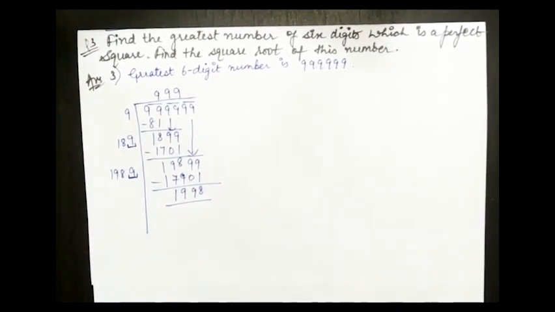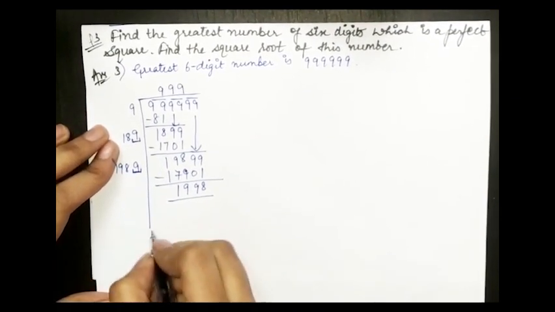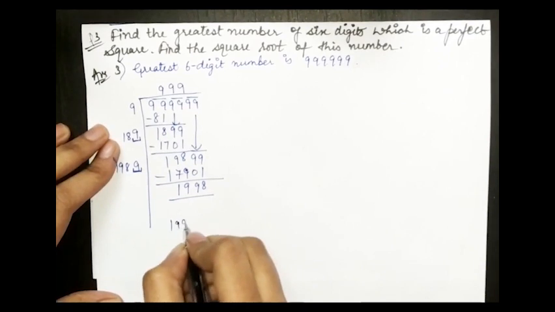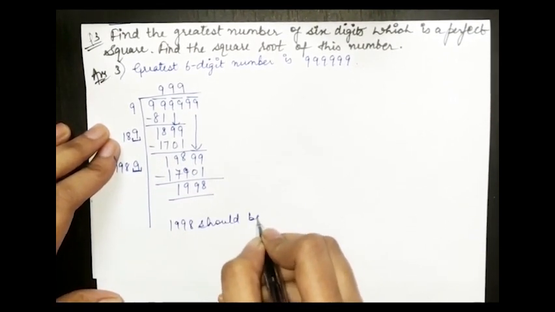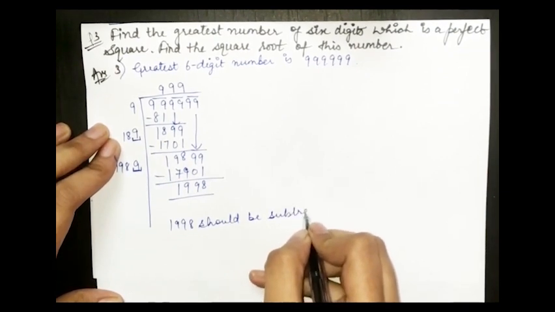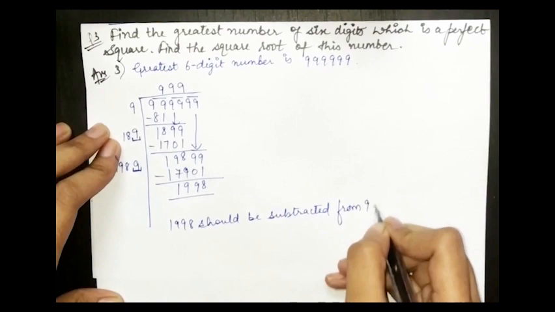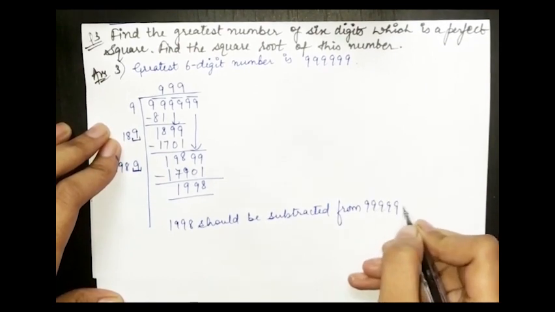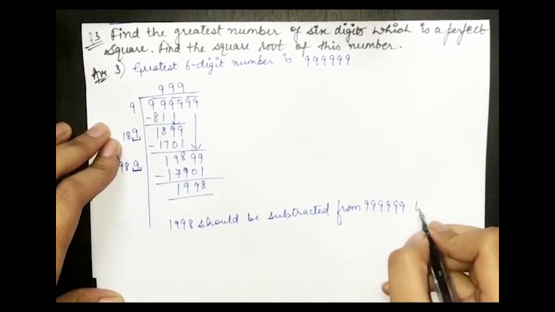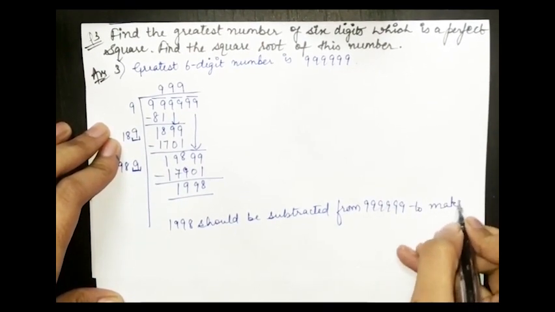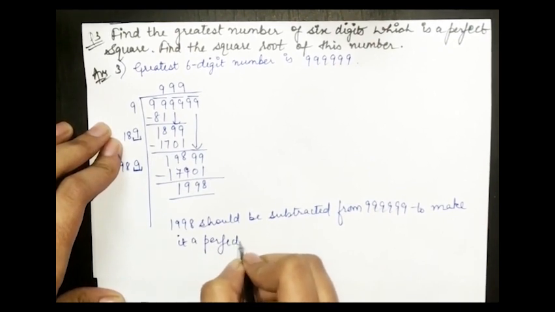So you will be writing that 1998 should be subtracted from 999999 to make it a perfect square.